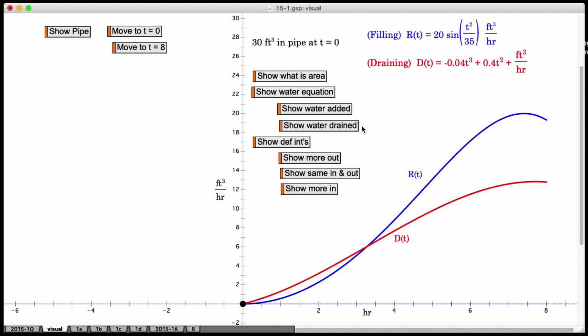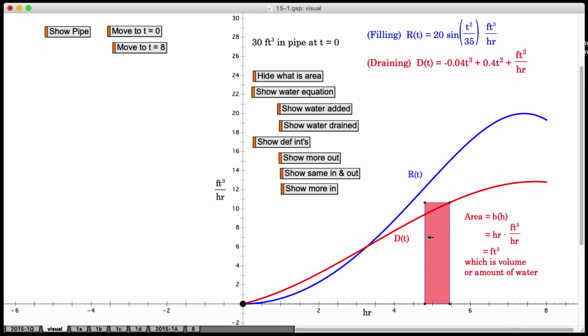Now, sometimes when you're doing these kinds of word problems, they get a little confusing. So it's a good idea to think of units, which can help give a better understanding of what's going on here. Let's look at area under these curves. What does that mean? If I wanted to find the area of some rectangle, I just drew a simple rectangle here.